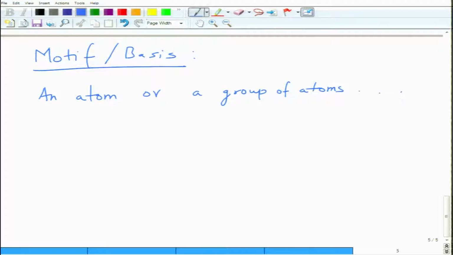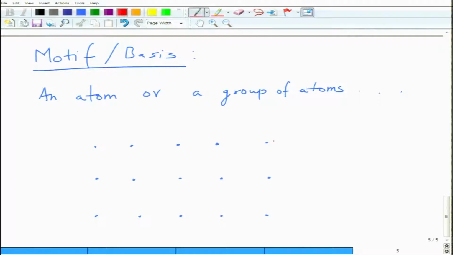Now let me give you a simple example. You had a periodic lattice like this. Translations are not exactly equal, but I hope you understand what I mean here.